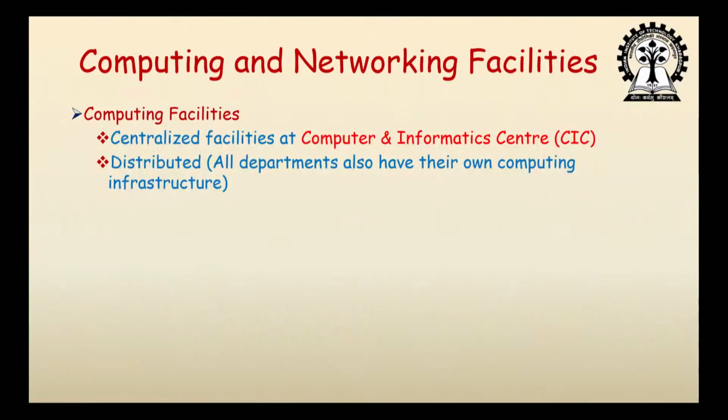So what we do here at IIT Kharagpur, you must be wondering what more CIC is giving, is that everything is done by fiber cables. We have fiber cables laid in the entire campus to each of the departments, to each of the academic units, to each of the administrative units, and to the base of each of the hostels.